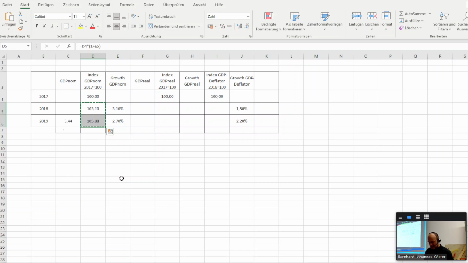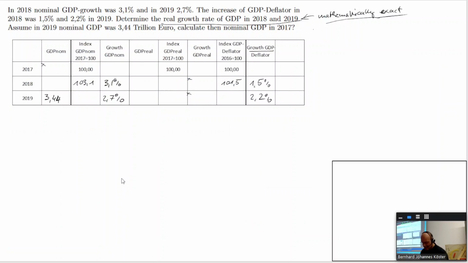Since this is the same formula for the GDP deflator, I can just copy this one to the right side. So 105.88, and this one is calculated by 103.1 times 1 plus 0.031, which is 103.73.